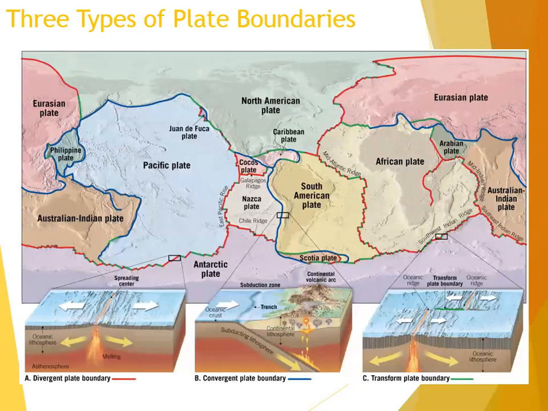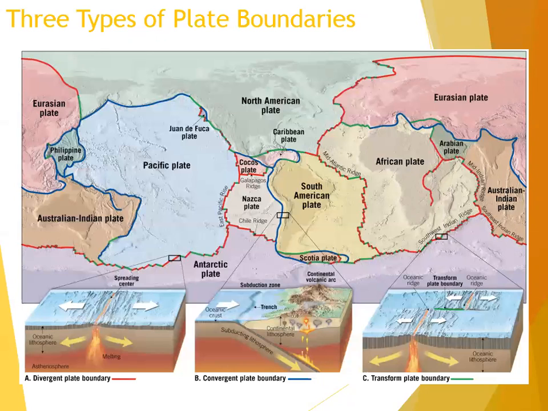New York and Denver, are they on the same plate? So New York and Colorado, are they on the same plate? Both on the North American plate. Where would the UK be though? Which plate? Eurasian plate.